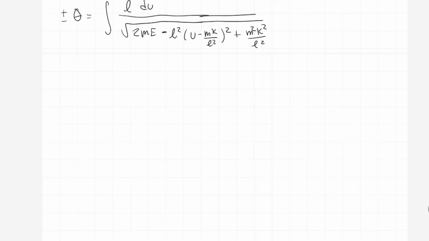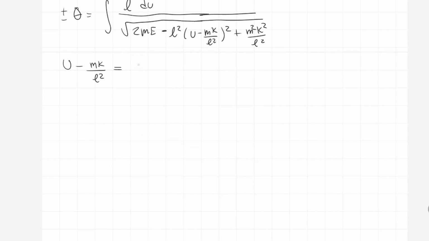To evaluate this integral, we are going to make the next change of variable. We define u minus mk over L squared as 1 over L times the square root of 2me plus m squared k squared over L squared, and all this is going to multiply a new variable, beta.